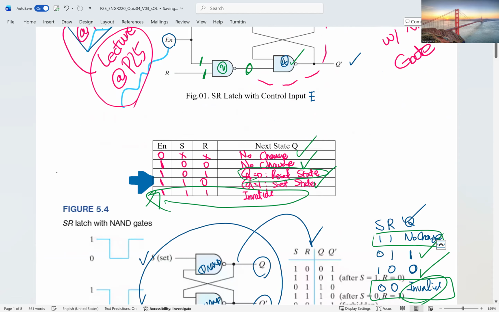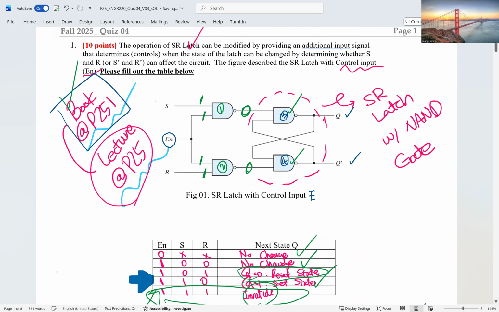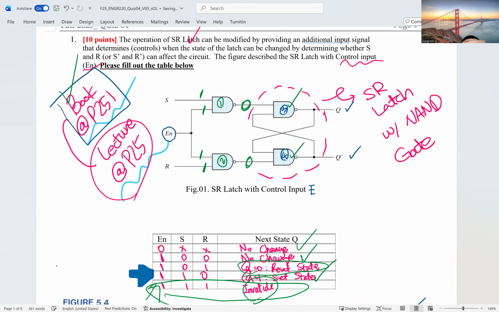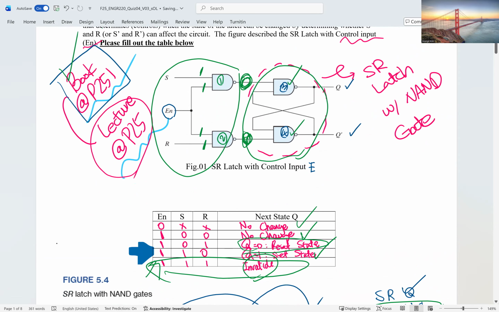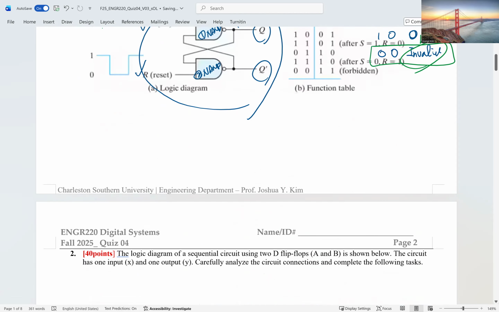Okay, so this is the invalid. So again, Q and Q prime are the final outputs. So this is the two NOT gates for the SLH. It depends on the input from the previous stage with the enable that can be controlled, and then gets the output. Okay, so that is the answer.